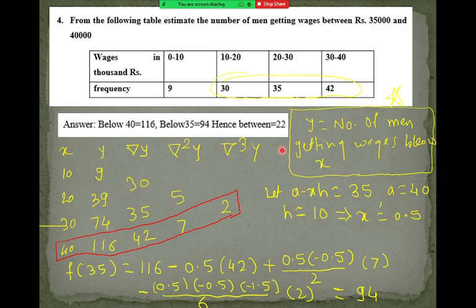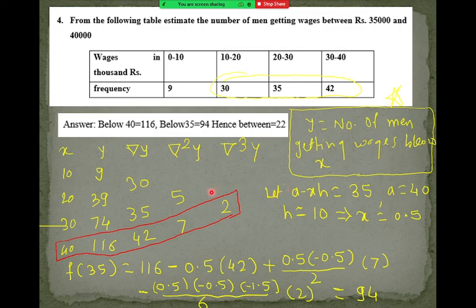Remember, this is one big variation, whenever the data is in group form, you generally convert it as below 10, below 20, below 30, and below 40, and then you continue with your calculation, and at the end you get the required answer. So this way you have to always convert grouped data to ungrouped data, and use it for interpolation purpose. So that's for today.